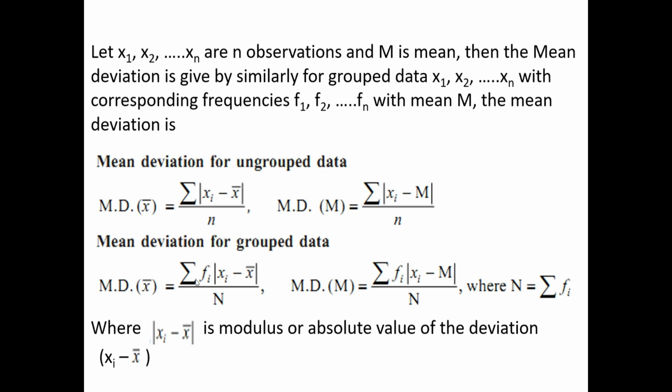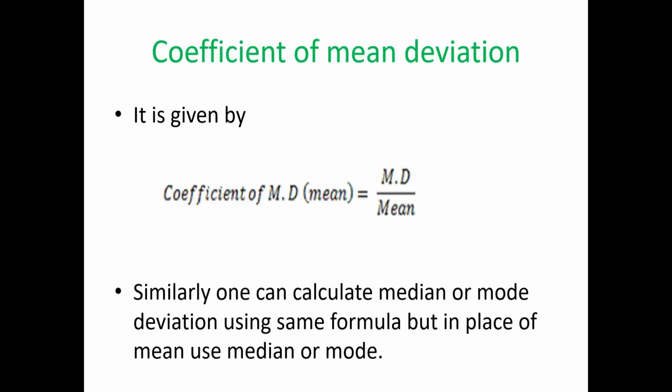For grouped data, frequencies come in. We take the modulus or absolute value, ignoring the sign. The coefficient of mean deviation is mean deviation divided by mean. Similarly, you can calculate median deviation or mode deviation using the same type of formula in place of the mean.